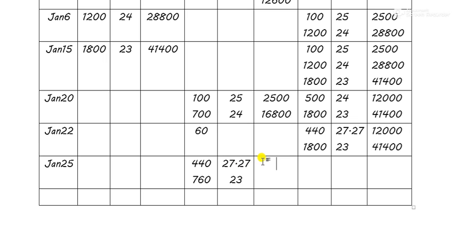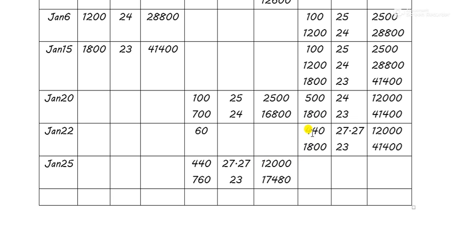So 440 into 27.27 is approximately 12,000, it's 11,998 but I'm assuming 12,000, and 760 into 23 is 17,480.